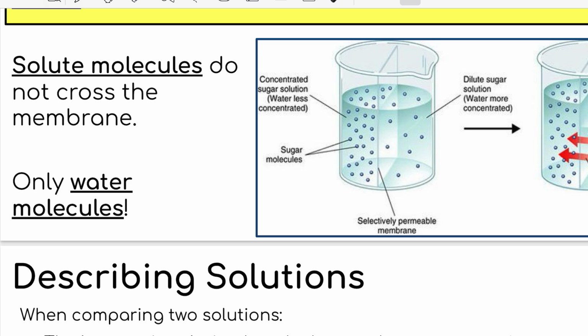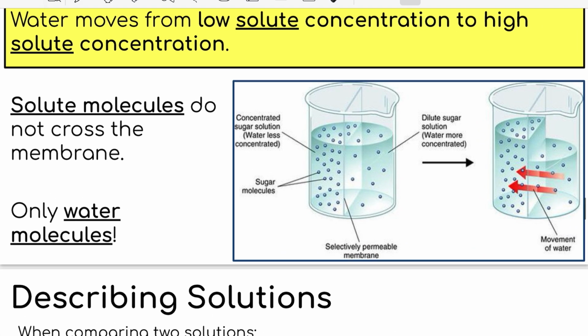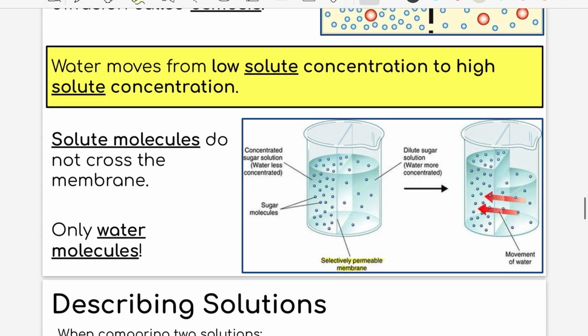But in this controlled example of perfect osmosis, this semi-permeable membrane, this selectively permeable membrane, is not permeable to the solute. It's only permeable to water.